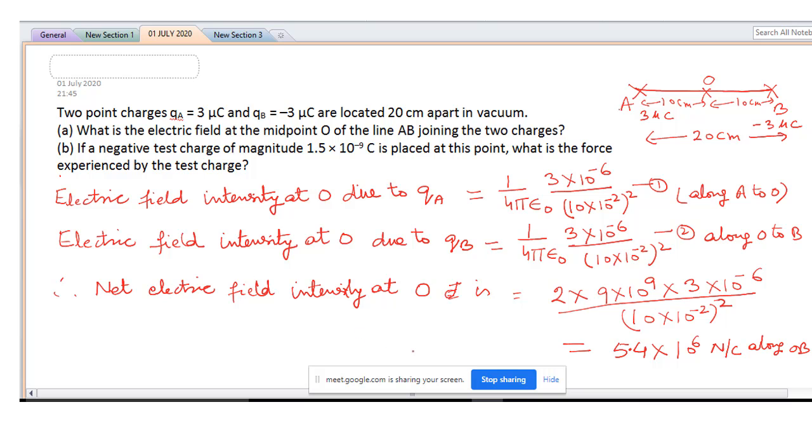Then the next part is, if a negative test charge of this magnitude is placed at this point, what is the force experienced by the test charge?